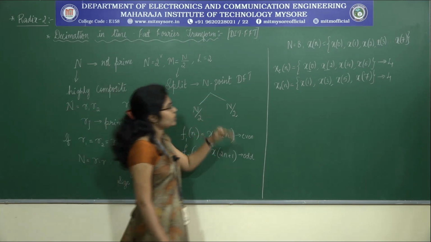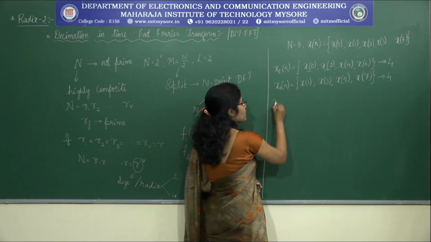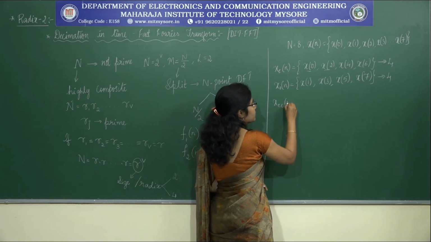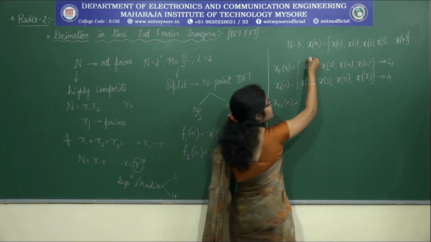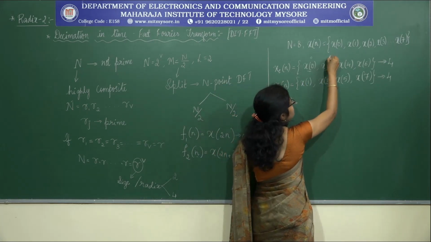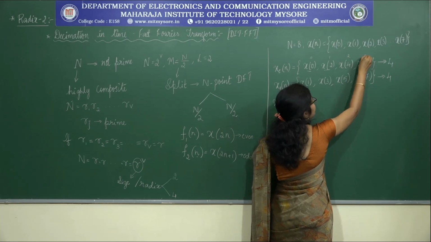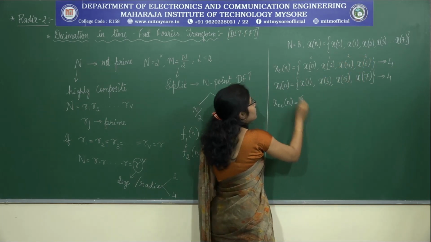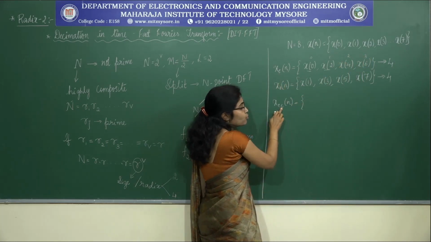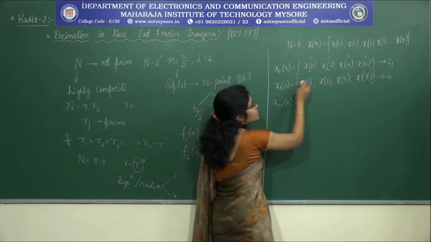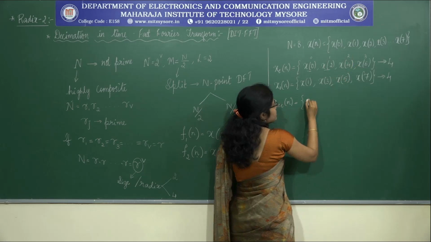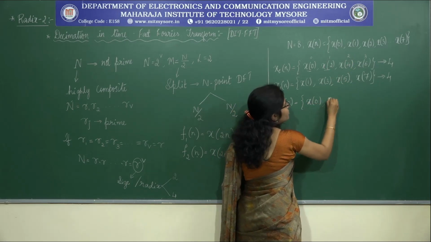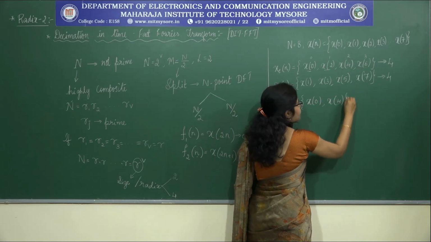Okay. So what we do, again we divide this based on even and odd numbered. We take the even number samples. So let us label this as the zeroth sample, first sample, second and third sample. Now in even, I am searching for even numbered samples. So which are the even numbered samples? This one and this one based on the indexing. So this is x of 0 and x of 4.